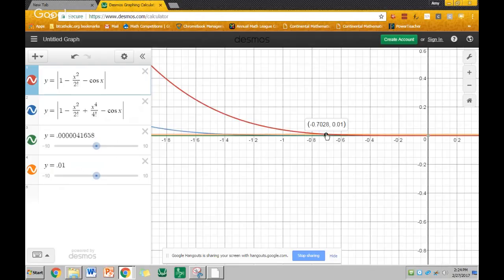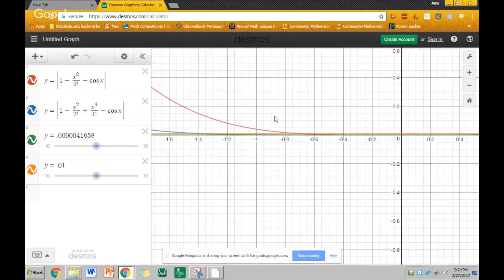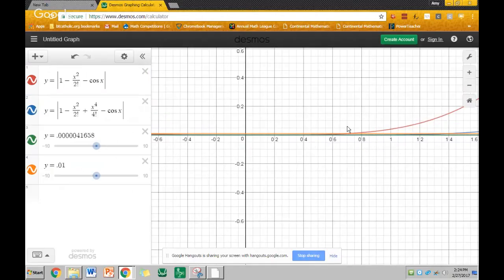So let's go to the positive interval and see if it matches. It was 0.7.